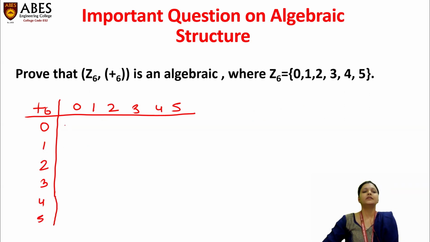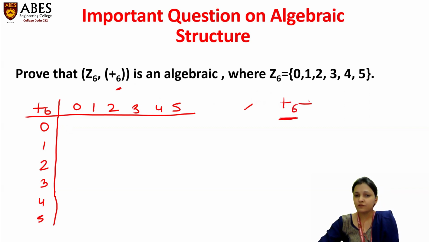So how will we complete this table? Simply, what are we going to prove? Is this an algebraic structure or not? So we have to apply this operation. This operation is addition modulo 6. It means when we add any two values from the given set, I am considering 1 and 3.